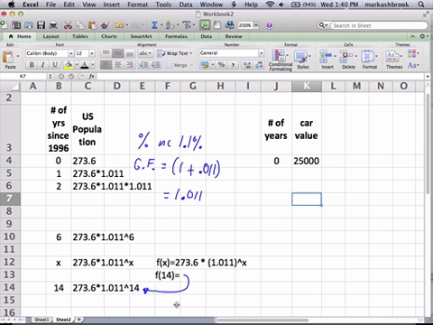Okay, and then it asks, in what year will the population reach 400 million people? So what we're saying now is that the output of the function is 400 million, and we want to know in what year that occurs.